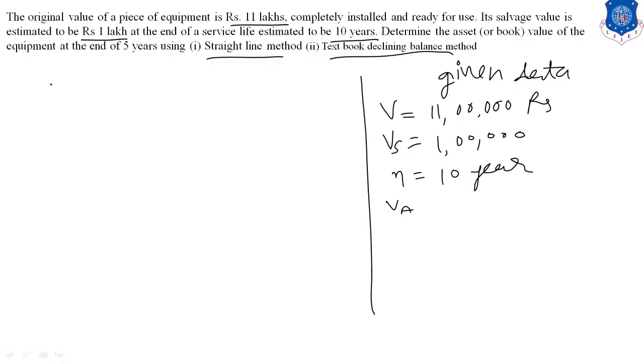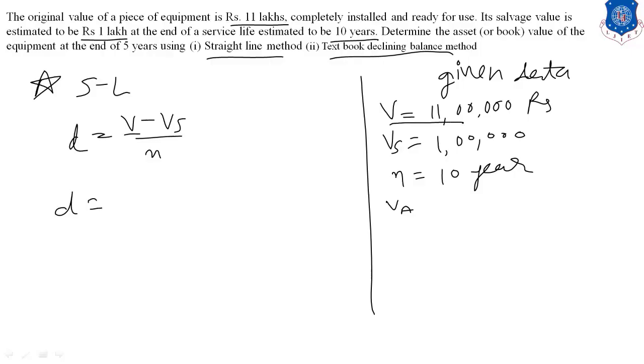So let's first find the depreciation using the straight line method, or SL method. For the SL method, depreciation is given by D equal to (V minus Vs) upon n. So D, which means depreciation, is equal to V, the original value of equipment, which is 11 lakh rupees, minus salvage value, which is 1 lakh rupees, upon the service life of that equipment, which is 10 years.